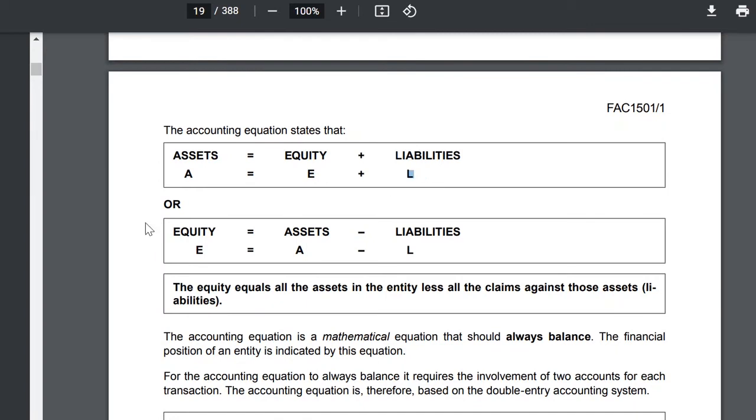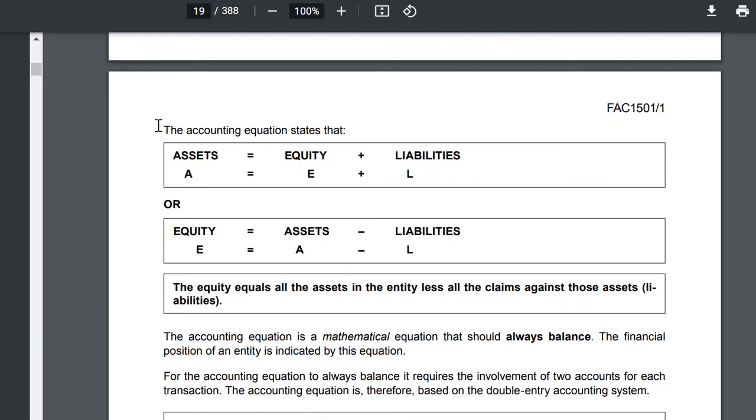Or you can look at the bottom equation now. Our equity is what? It is 5,000. So you want to say 5,000 equals 5,000 minus 0. Can you see when you use this one also, it balances?